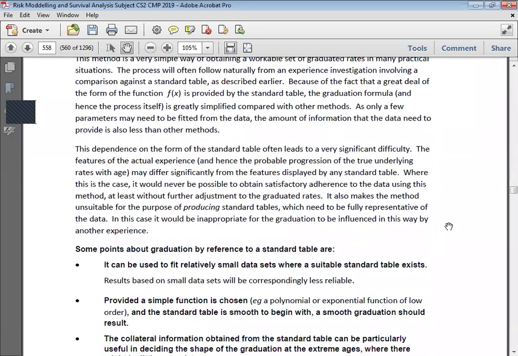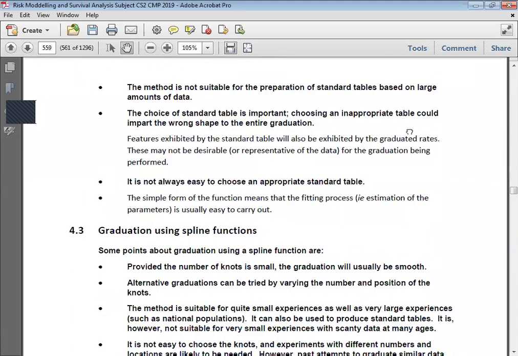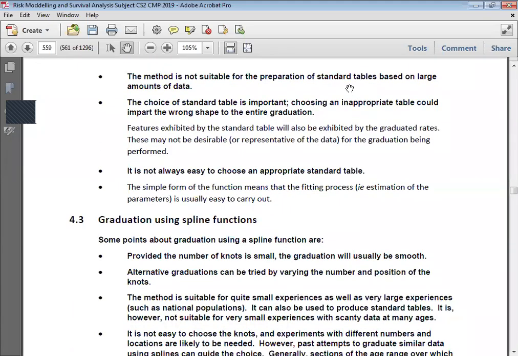But you can do some adjustments, and if it is not directly according to what you want, you can do some further adjustments and so on. This is a very simple way to do this graduation. And yes, it is not suitable for preparing standard tables. So you should try to be wary of that.